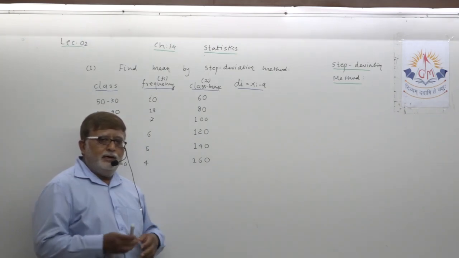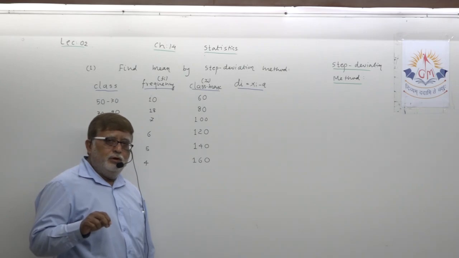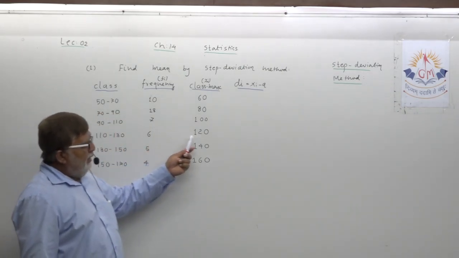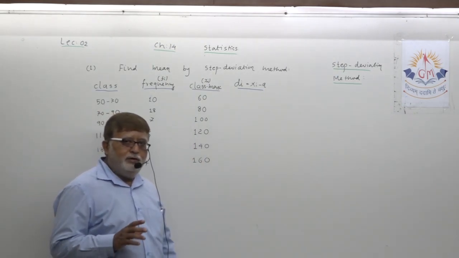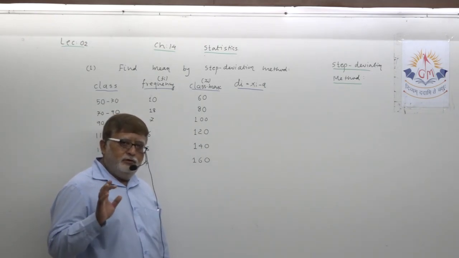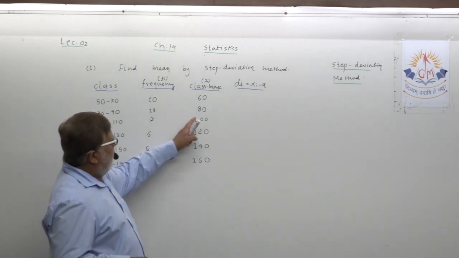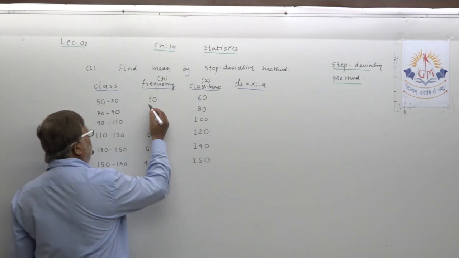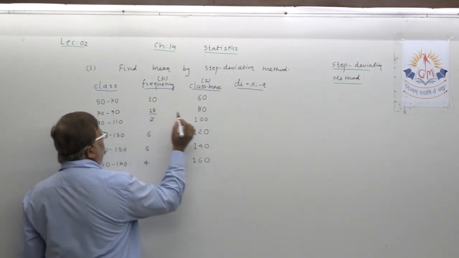Doesn't mean that I am just forcing you. You can take any frequency and against that mid value you can take it as a. Understand? But my insistence remains that you should take mid value against the highest frequency as a, it will be more comfortable in the example.